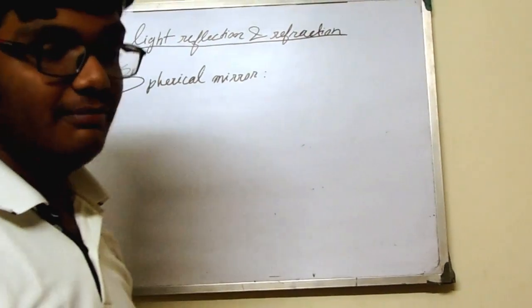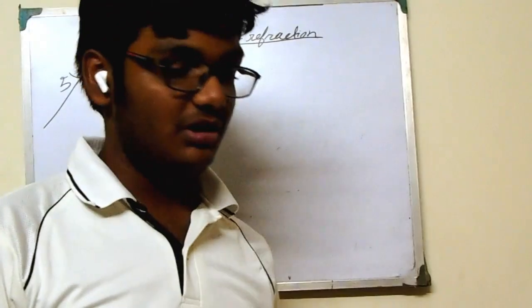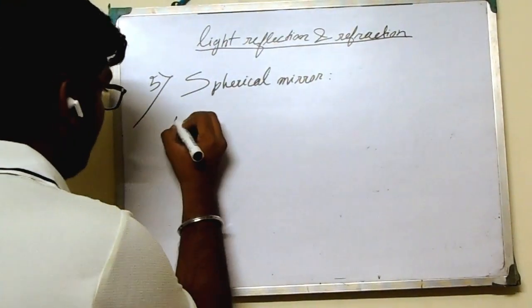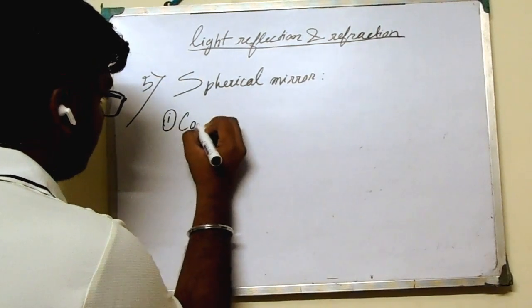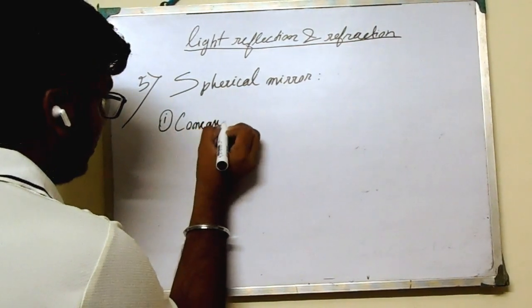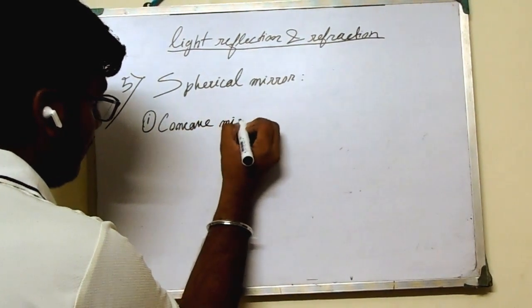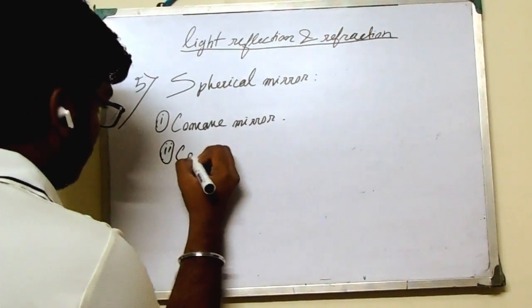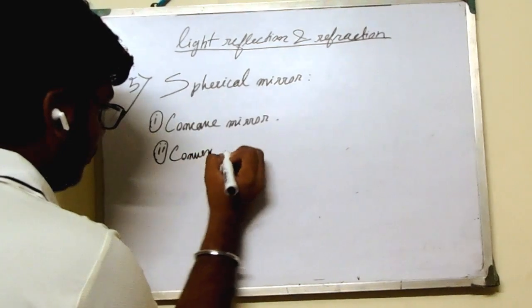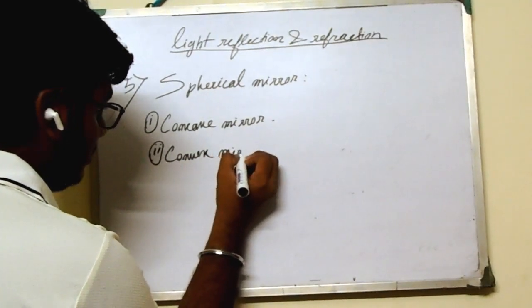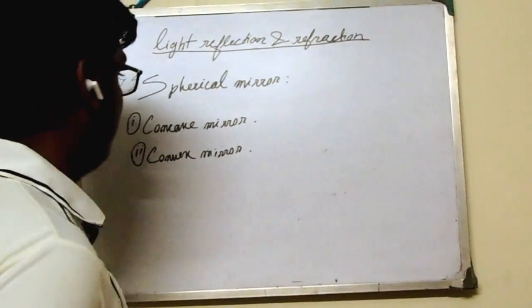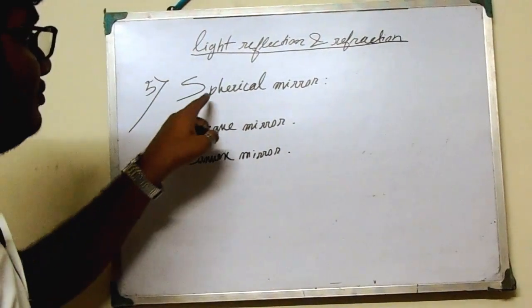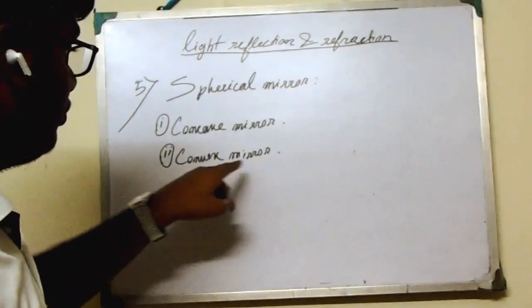There are two types of spherical mirror given in your NCERT book: concave mirror and convex mirror. First note down these two. There are two types of spherical mirror, concave mirror and convex mirror.